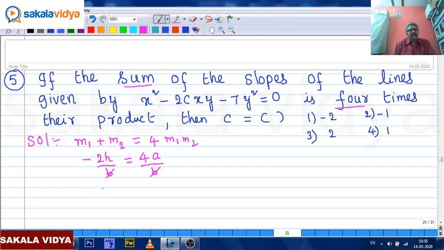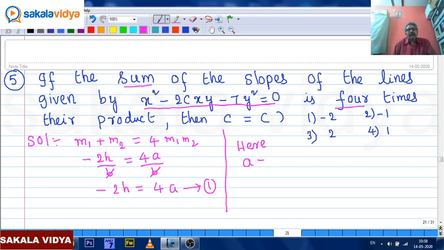So minus 2h equals 4a, call this relation 1. Now we compare with ax square plus 2hxy plus by square. Here a equals 1, 2h is equal to minus 2c, h is equal to minus c, and b is equal to minus 7.